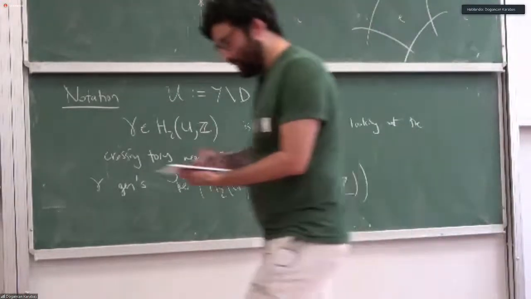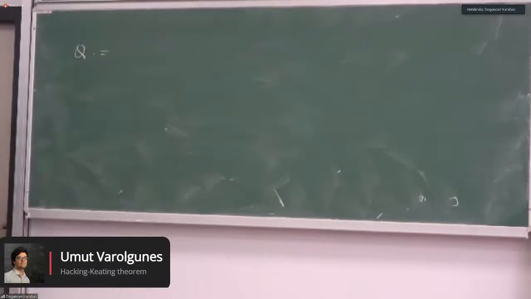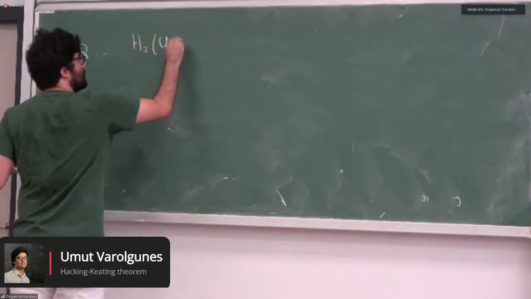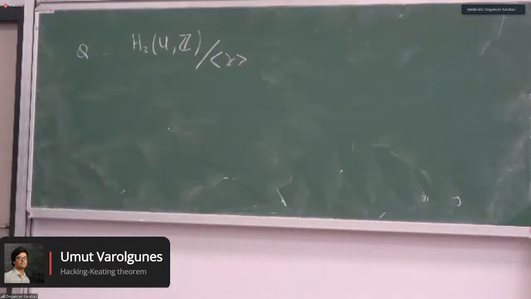Okay. So now let me introduce a couple more pieces of notation. I have this abelian group Q, which is just H2(U, Z) modulo this class of the fiber.